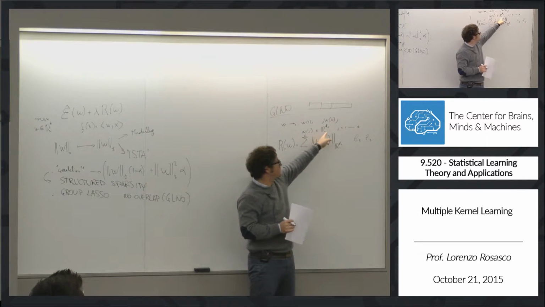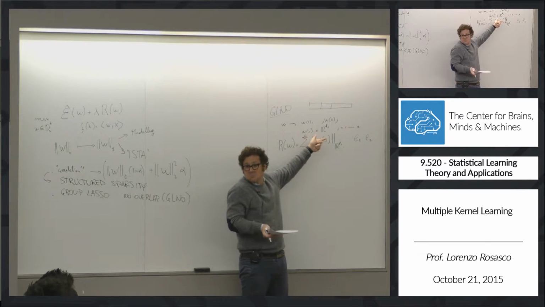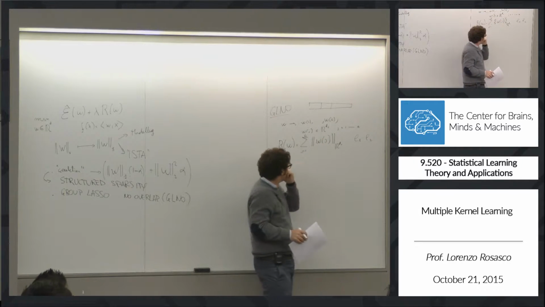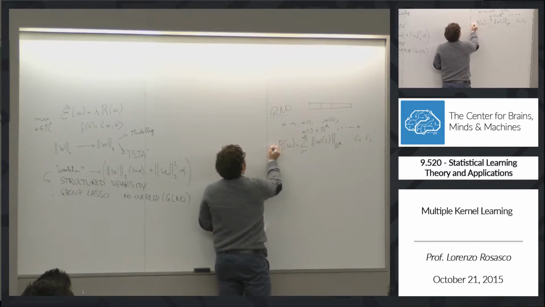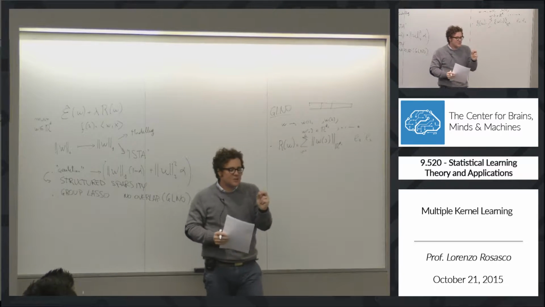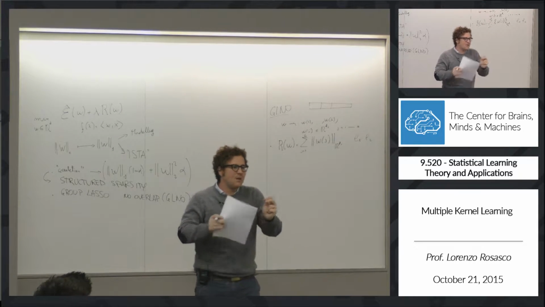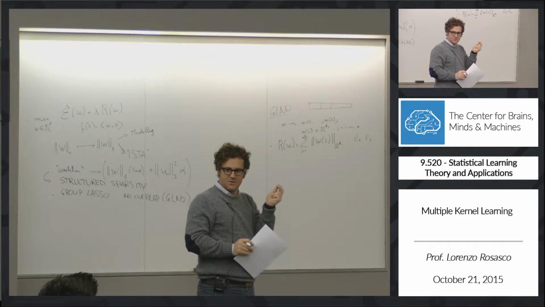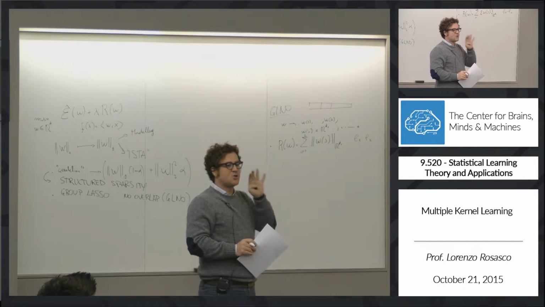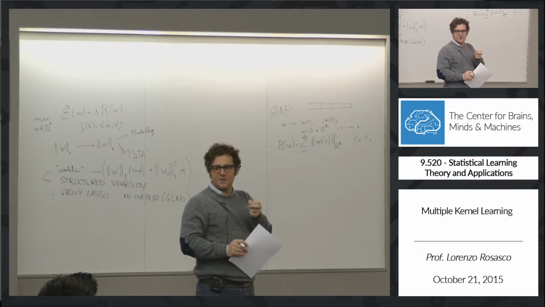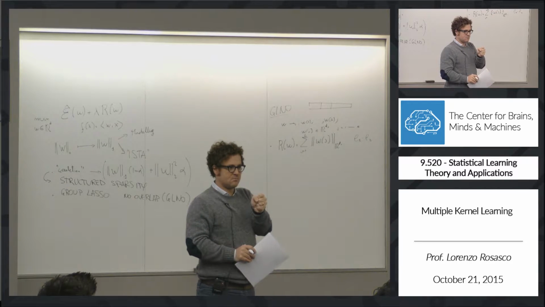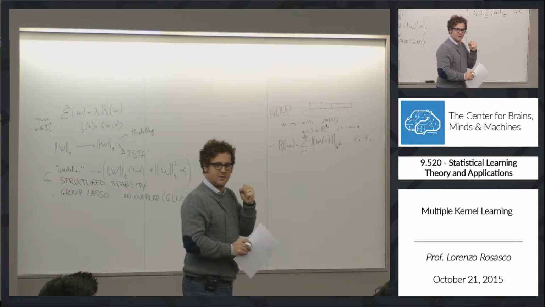Because each of these vectors will belong to a different group, but in general, they don't have the same size, okay? Now, already this gives an intuition that, because you can see it's an L1, L2 norm, the L1 nature of the penalty is going to try to suppress not individual variables, but groups of variables that are somewhat kept together by the fact that I take their norms. That's somewhat the intuition of this penalty here.